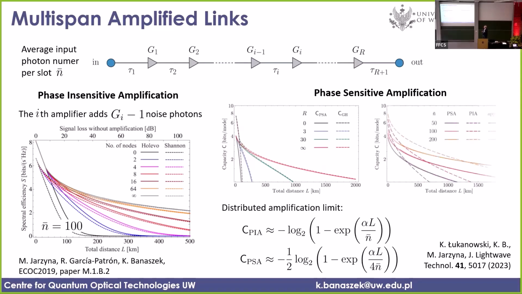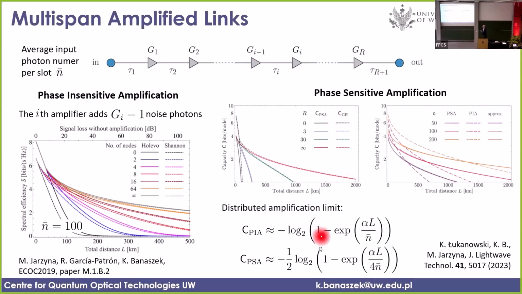However, it is quite interesting to compare phase-insensitive amplification with phase-sensitive amplification. Of course, for short distances, phase-sensitive amplification is not that exciting because we lose a factor of 2 on capacity, since we are encoding information in just one quadrature.